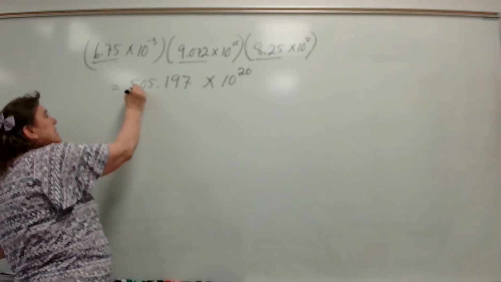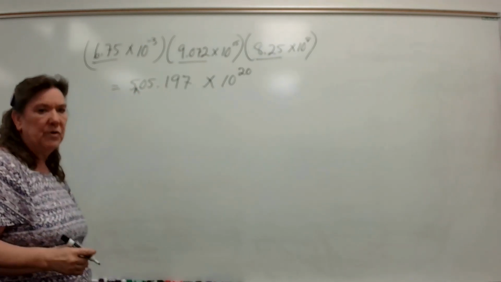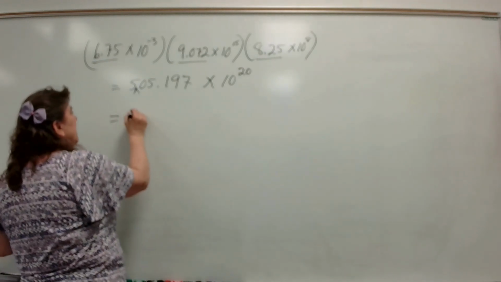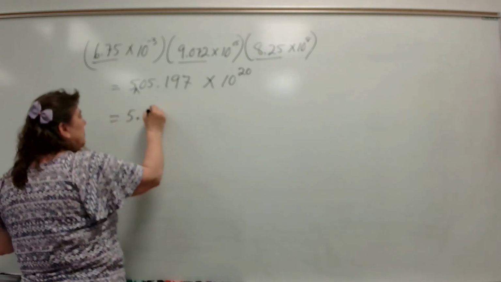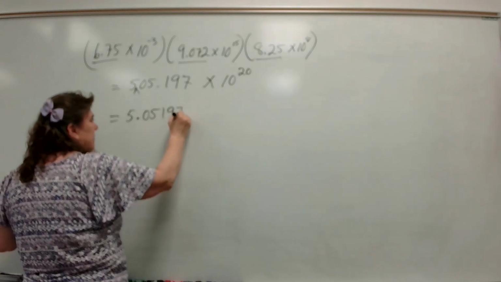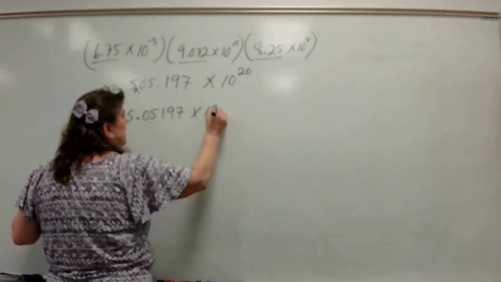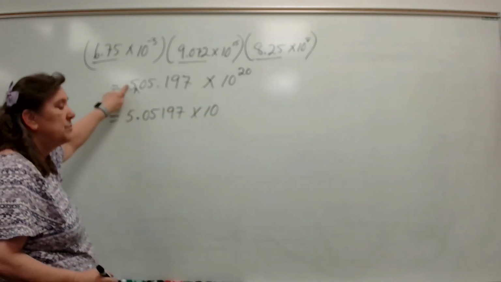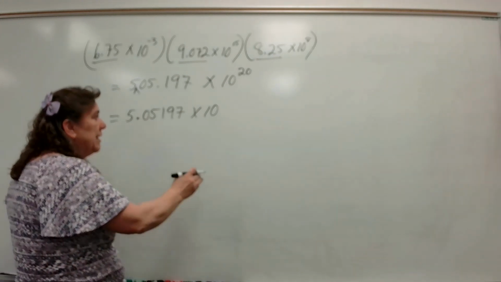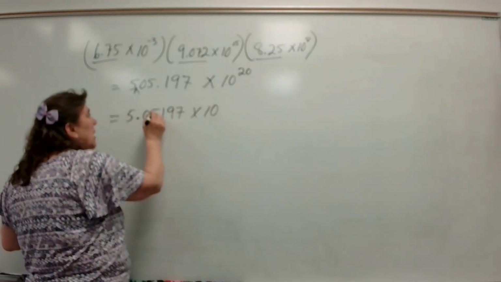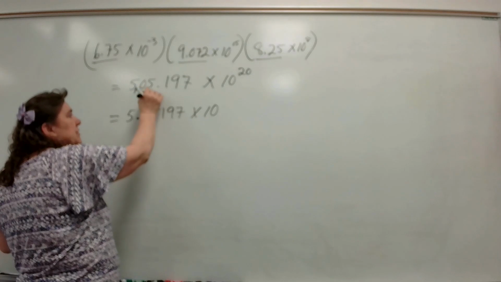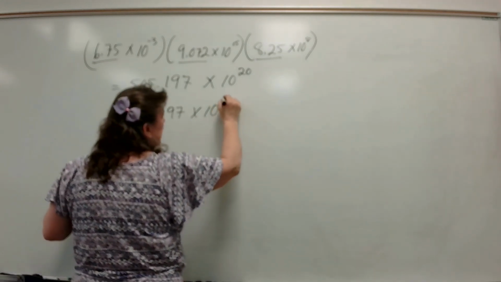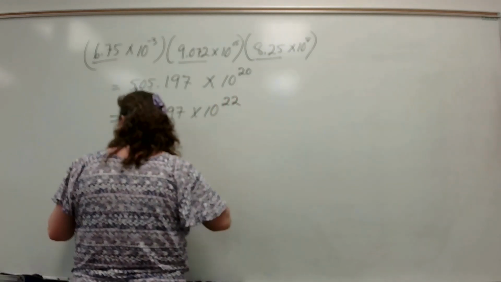To make this scientific notation, we're going to have to move our decimal to 5.05197 times 10. Okay, this was larger than this, so we're going to increase the exponent by the number of places I moved it, which was 2. So 20 plus 2 is 22.